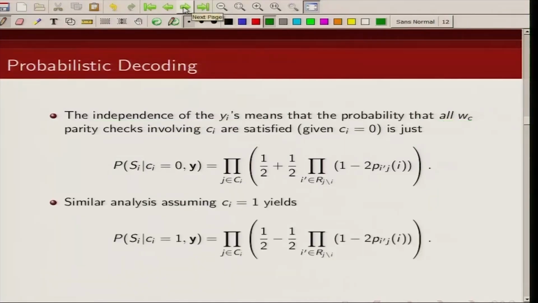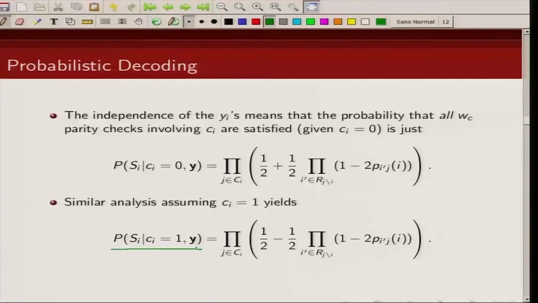And I can follow the same logic to find out the probability when Ci is 1. When Ci is 1, the other bits should add up to have an odd parity, and that is given by this expression, and this should hold for all WC parity check equations. So, assuming independence, I can multiply each of these probabilities.